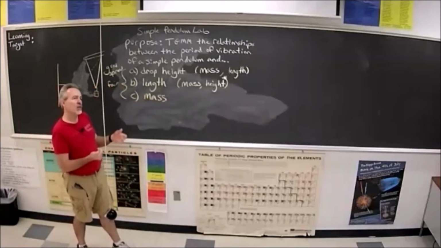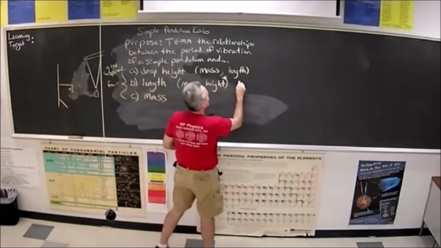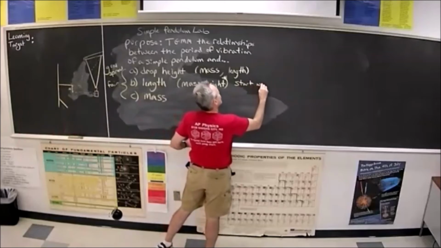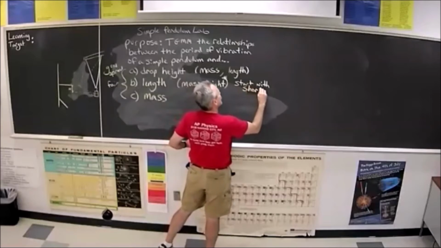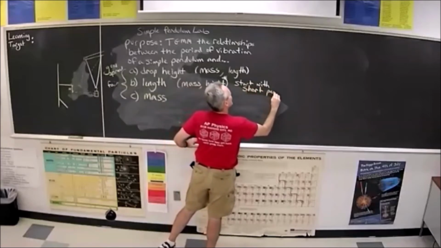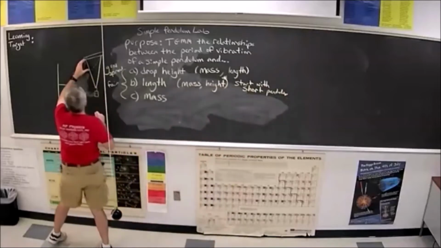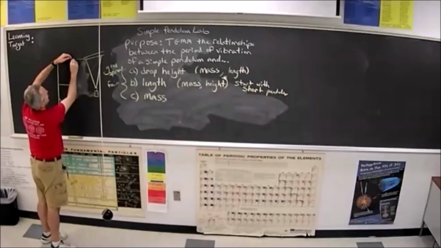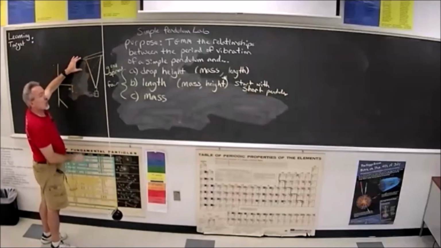So what I would recommend for this one here to get a good spread in data is I would start with a short pendulum first and then make it longer and longer. So start with short pendulum. And the reason for that is if you start with a really short pendulum, if you pull it all the way so it's horizontal here when you drop the thing and it's only that long, well, that could be your drop height then.